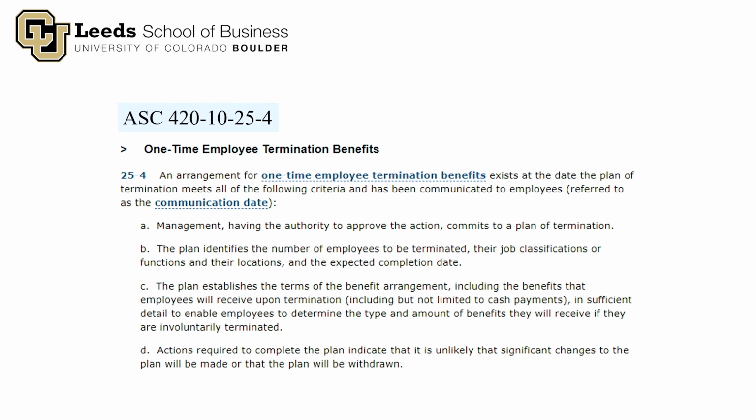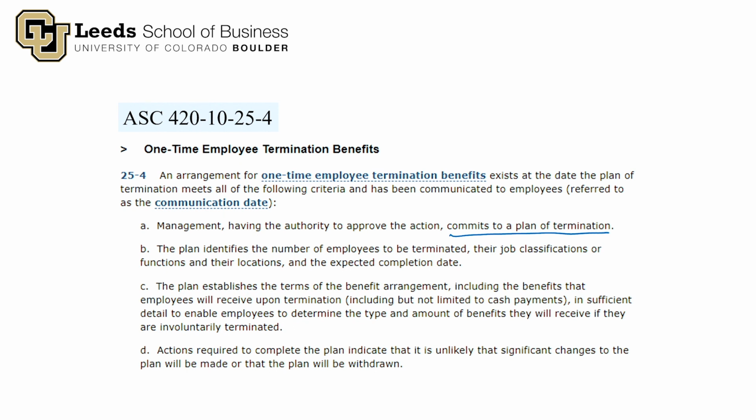And so when should we recognize those anticipated costs as a liability on the balance sheet? Well, these 4 criteria. Management having the authority to approve the action commits to the plan of termination. So management, whoever that is, decides that this layoff is certainly going to occur. That's one of the conditions.